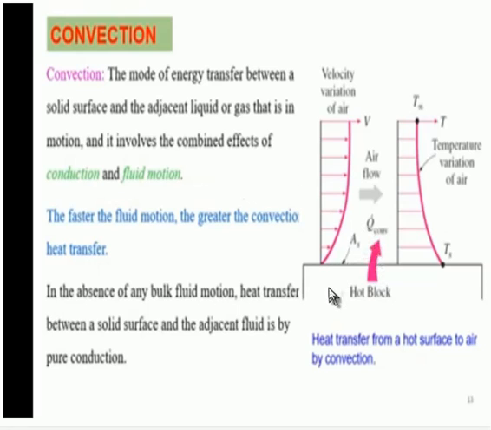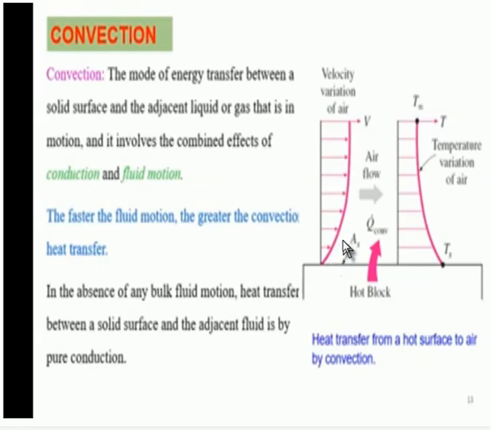So there is a hot solid body, and over that solid body air is flowing. Due to the temperature difference between this air and this hot body, heat is transferred from the hot solid body to the air.